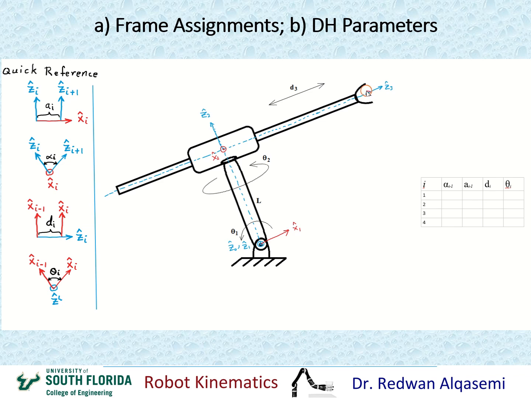I'm going to circle this and call this my x3. Okay, and then for x0, I'm just going to put it similar to x1 when theta 1 is 0. So that would be x0.